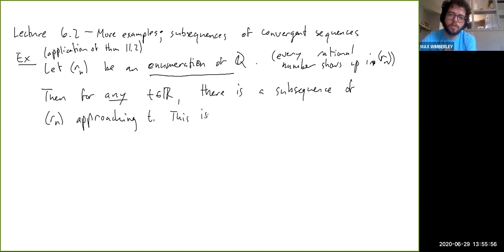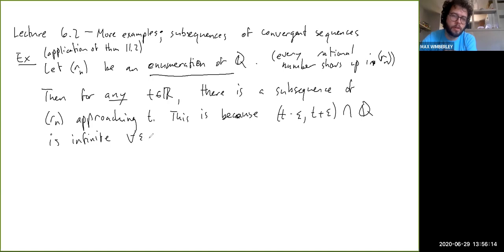This is because the interval (t minus epsilon, t plus epsilon) intersected with the rational numbers is infinite for all epsilon greater than 0. Right, so this is exactly what we were talking about before.